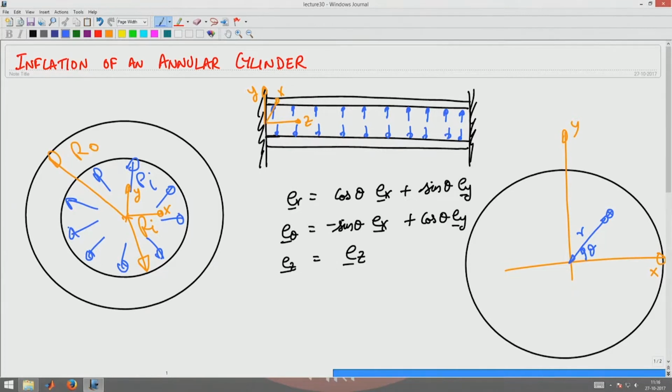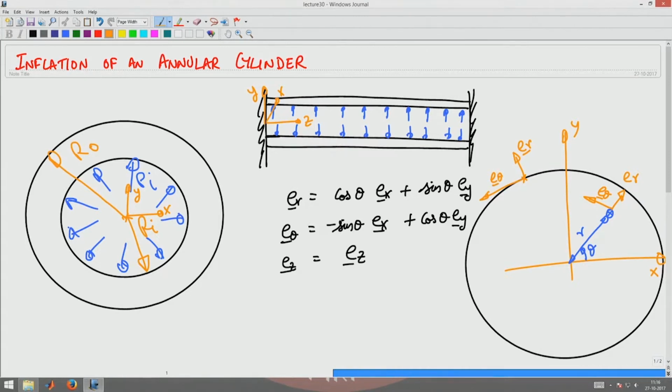Now, E r is defined as the radial vector pointing along the radial direction, that is, this is E r, and E theta is tangential to the circle that passes through that point. That is, if I draw a circle with radius small r, E theta will be tangential to the circle at that location. For example, if I am looking at a point here, E r is the outward normal to the circle, and E theta would be tangential to that circle.